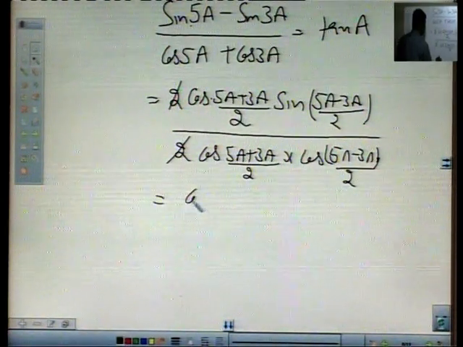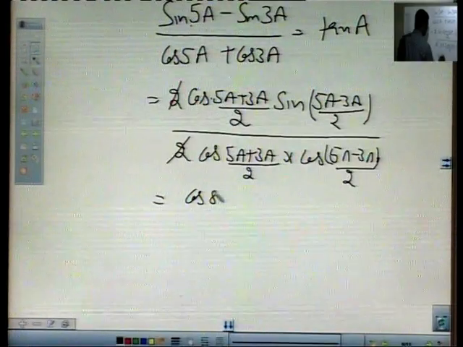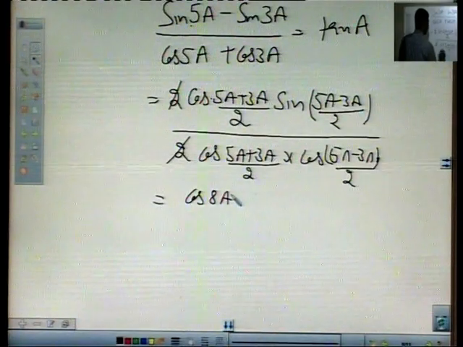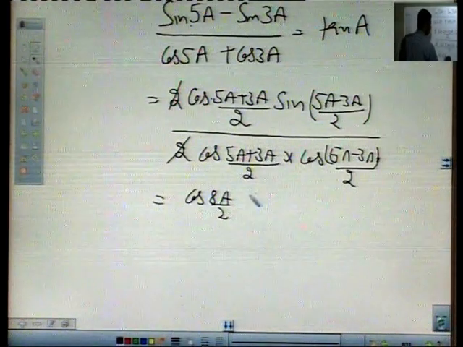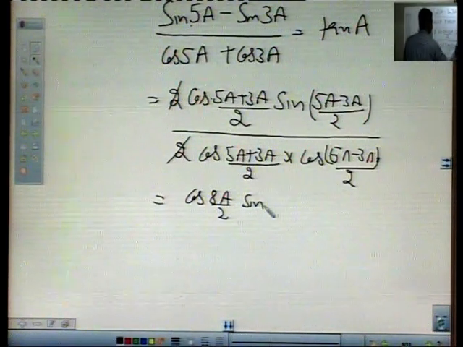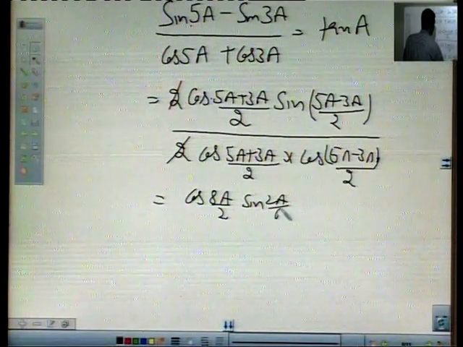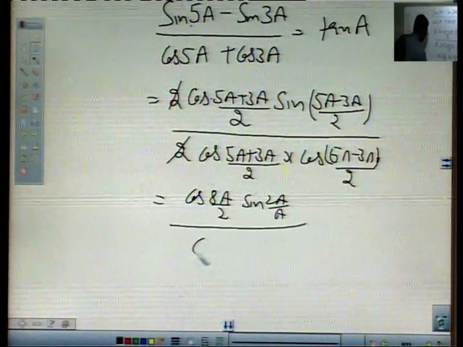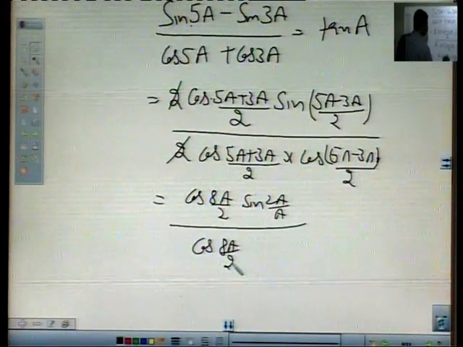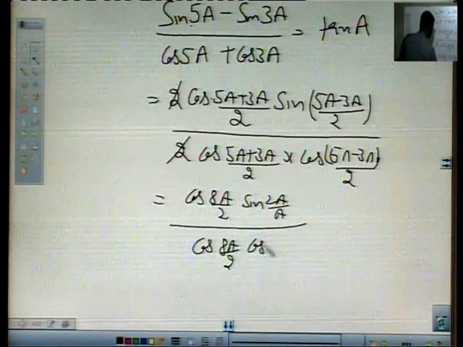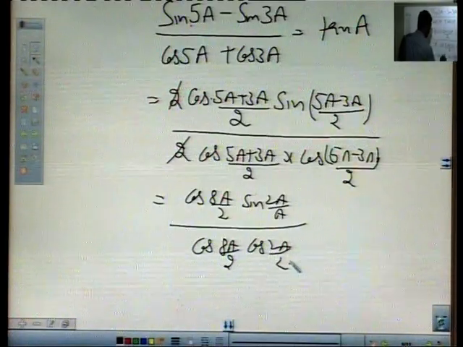So this is cos of 8a divided by 2 times sine of 2a divided by cos of 8a divided by 2 times cos of 2a divided by 2.